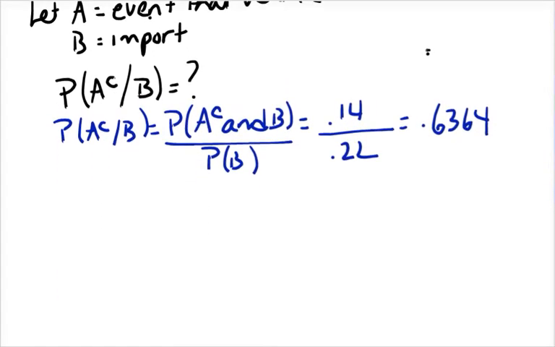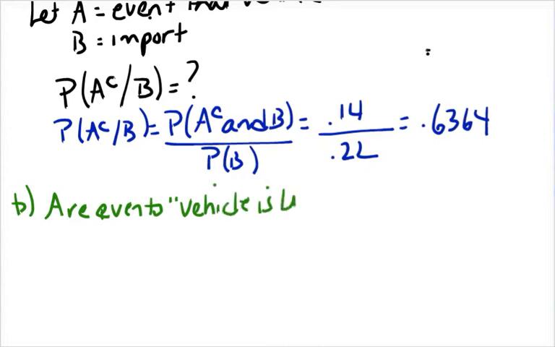Part B is asking, are the events vehicle is a light truck and vehicle is imported independent? So are they independent?